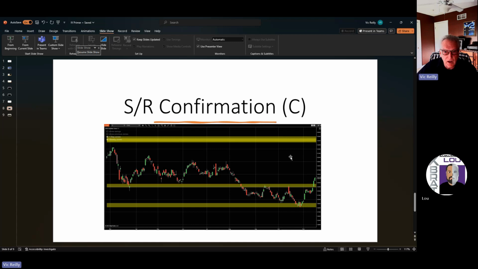Now, GTS has a product called Guardian Zones, which I use, and that automatically will draw in and dynamically change the support and resistance zones on your chart as time moves forward. Strongly recommend it. You could, however, manually draw in your support and resistance zones as well, but Guardian Zones makes it very quick, very simple. There's no setup time, just turn on the indicator and let it run.